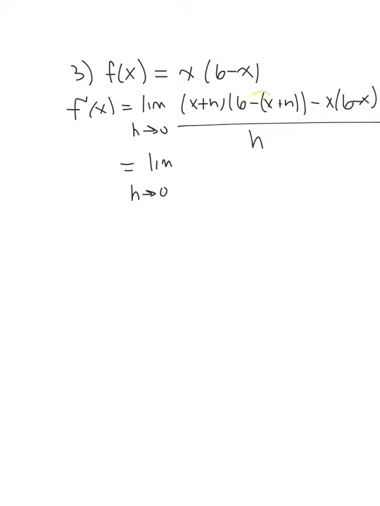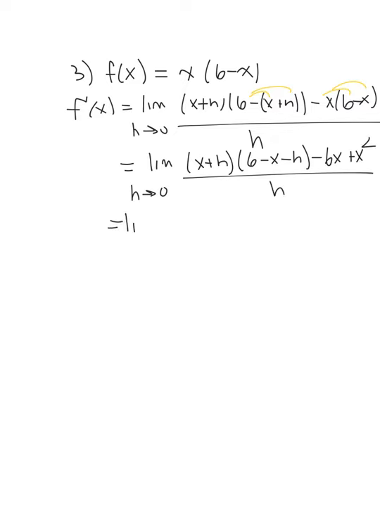What I'm going to be doing in this step is just distributing this minus sign. I did tell you that that bracket was important, and you will see why here. So 6 minus x minus h. Minus, and while I'm at it, I might just distribute these as well. 6x plus x squared all over h.